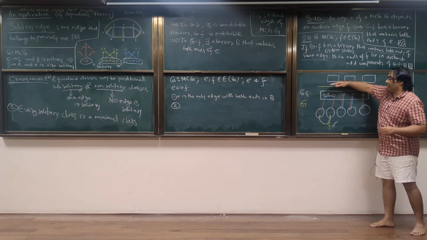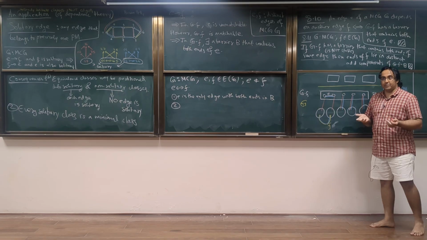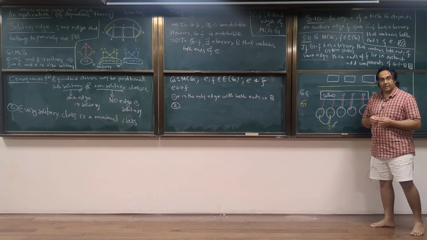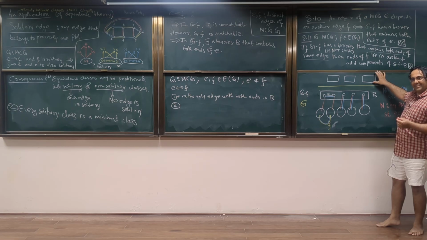Therefore, edges from this cut will not belong to any perfect matching. The graph is matching covered. Therefore, there are no edges in this cut. That just means that this set is empty. That means there are no even components.